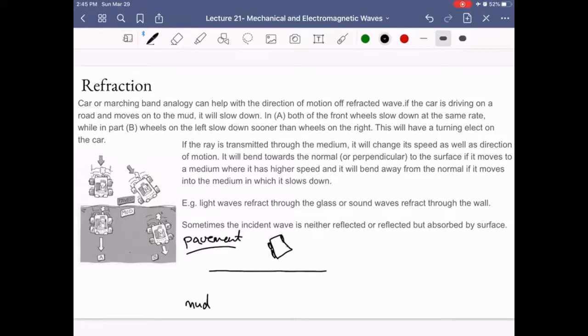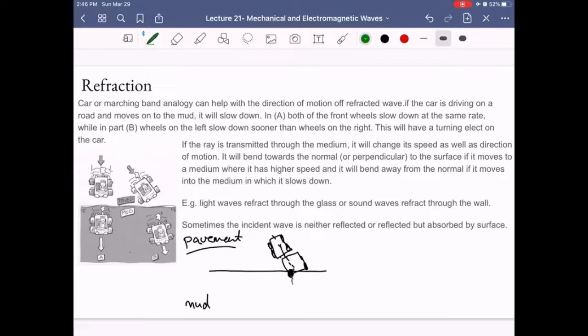When a car is approaching this surface like that, the first part of the car that reaches it is the front wheel, this one here. It will be slowed down by the surface because it moves slowly in the mud.